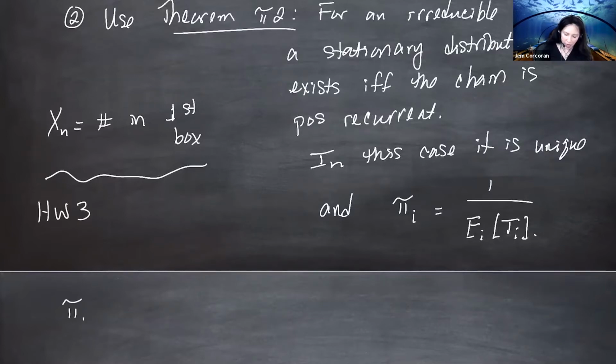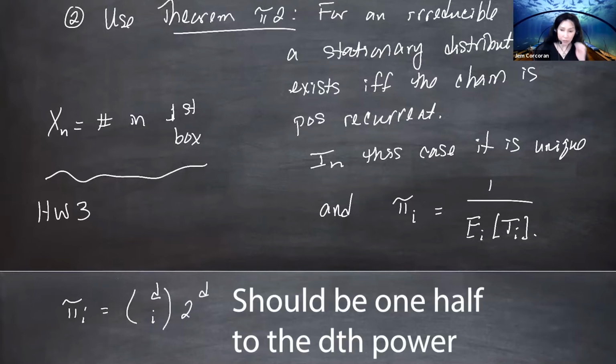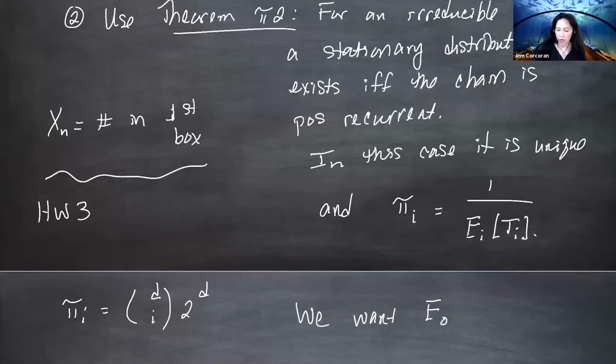So pi sub I, the probability that there's I balls in the first box or urn, is D choose I over 2 to the D. So starting from all balls in box 2, so that's 0 in box 1, we want the expected time to return to 0 in box 1.